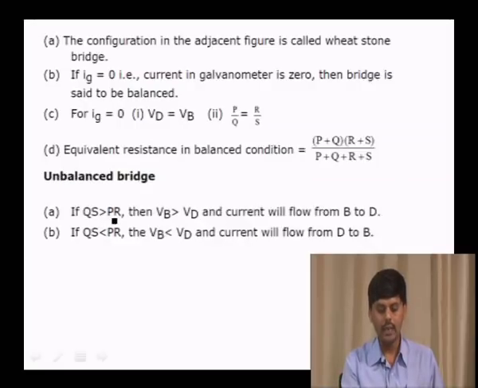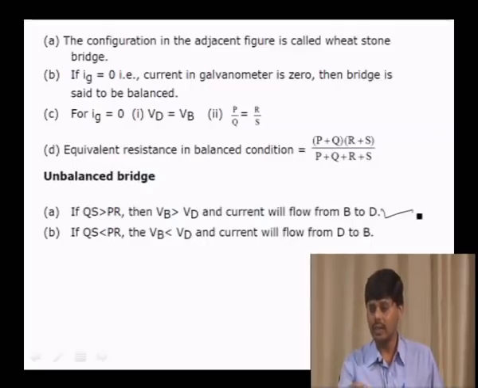If QS is greater than PR, then VB is greater than VD, and the current will flow from B to D. The second one is, if QS is less than PR, then VB is less than VD, and the current flows from D to B. It is very important. No need to calculate the entire thing, only observe these values, whether greater or lesser. By taking the help of this concept, we can easily calculate in which direction the current is flowing.